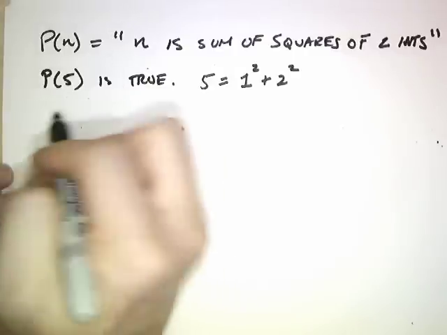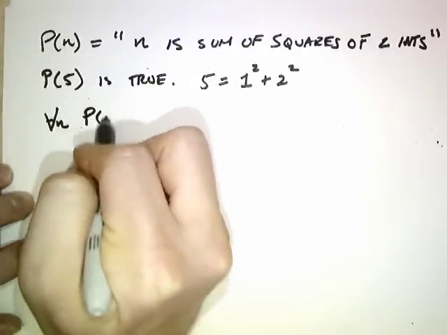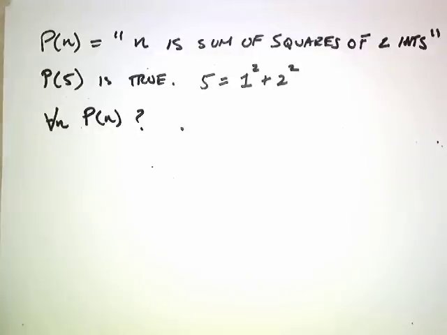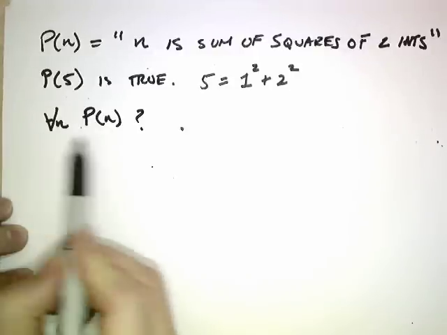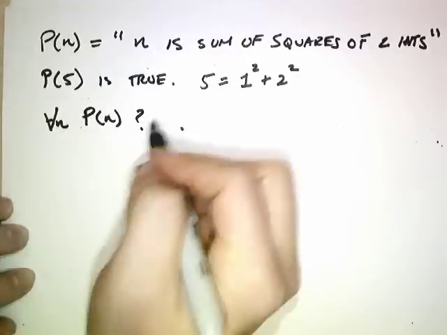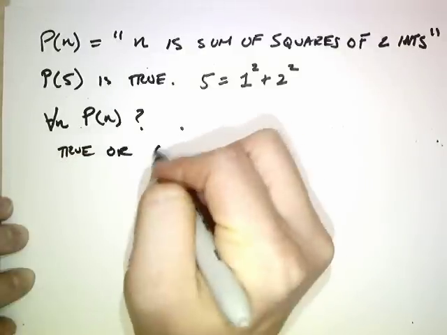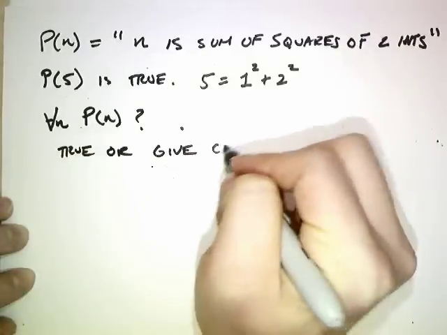And what we'd like to know is, is it the case that for all n, P of n is true? Now, we could either prove that for all n, P of n is true, or we could give something called a counterexample.